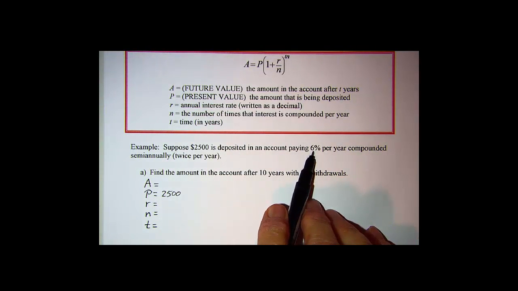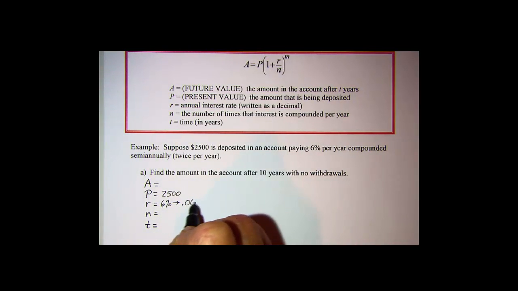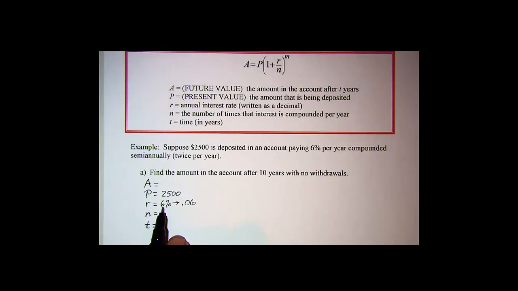The interest is 6%, so that's my interest rate, and it needs to be written as a decimal. Remember that percent means per 100, so take 6 divided by 100, and that'll give us 0.06. You can also do that quickly by moving the decimal point to the left 2 places.